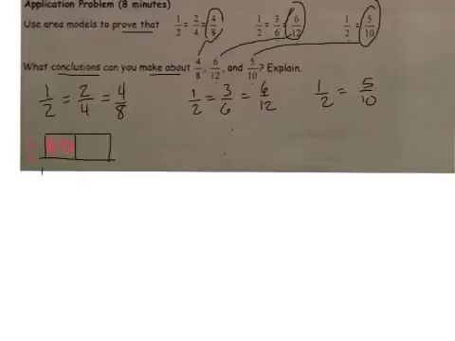Then I'm going to draw another one, try to keep them the same size, and I'm going to say, okay, there's my halfway mark, and shade that in, because they're showing that they're equal, so they're equivalent, so I should be able to break up 2/4 from 1/2, or decompose 1/2 into 2/4. So if I break that in half this way, 1, 2 are shaded out of 4, so that's 2/4, so that's showing it is exactly the same.